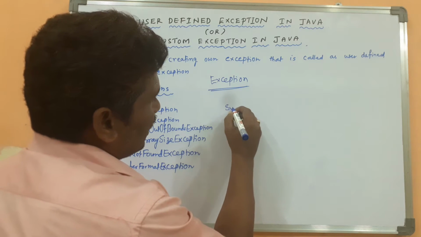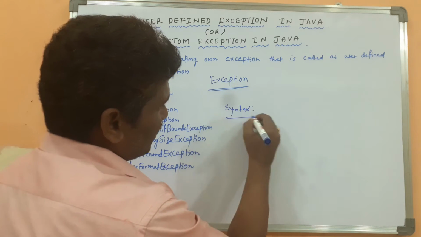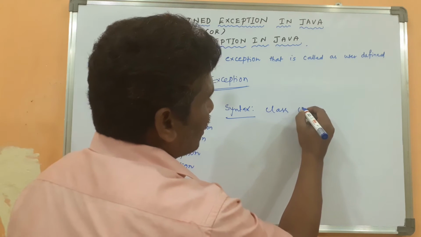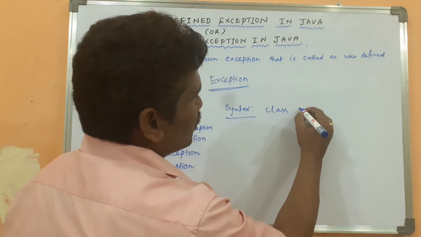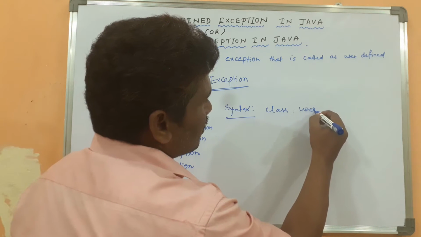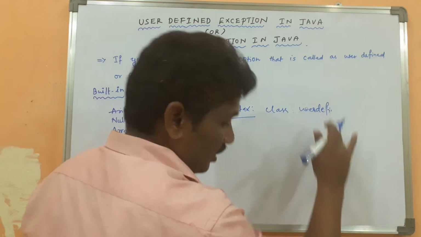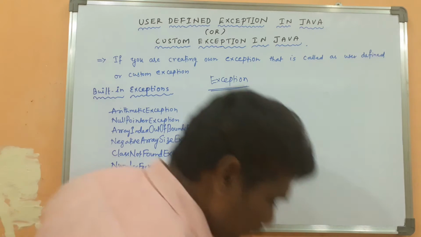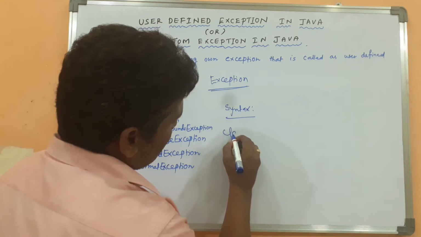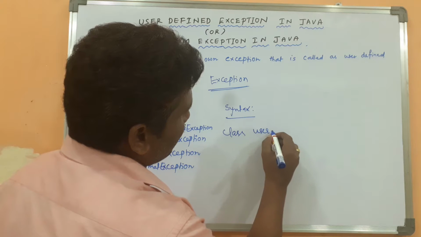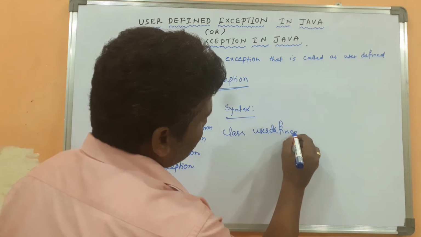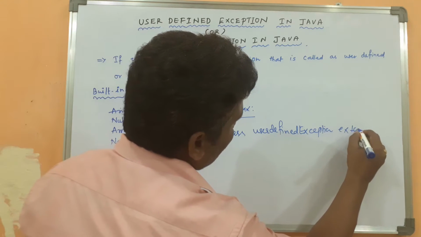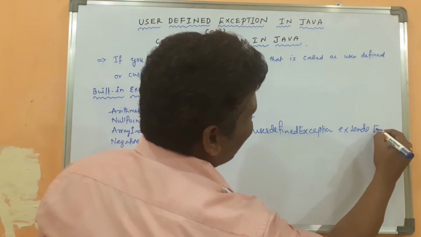First of all, I will tell you the syntax of how to create user-defined exceptions. Class, then the user-defined exception name, whatever exception you want, extends Exception class.